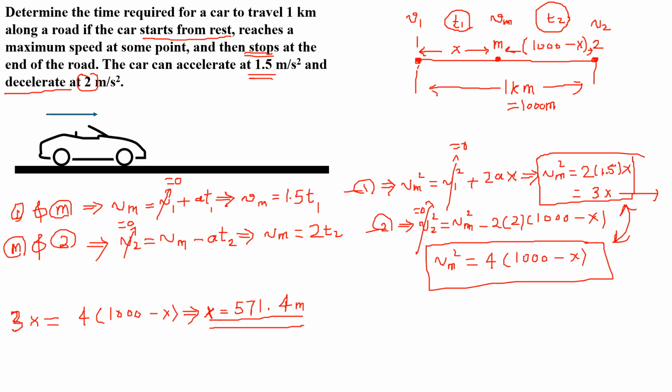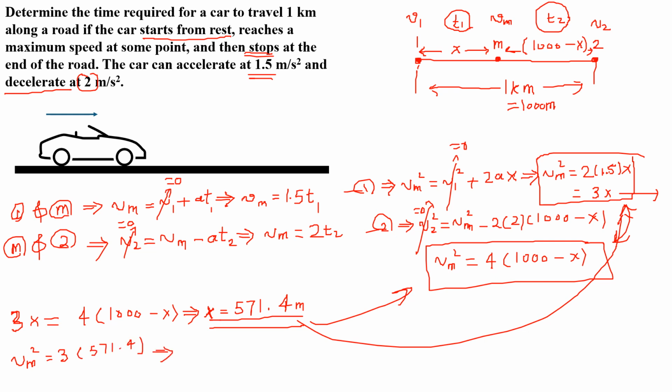Now since I have found x, I can go back to this one or the previous one and find v. So now if I do this, let me say I'll use the first one, it's easier. So Vm square equals 3 times 571.4, and let me solve this, and remember here we have square, so we need to take the square root.